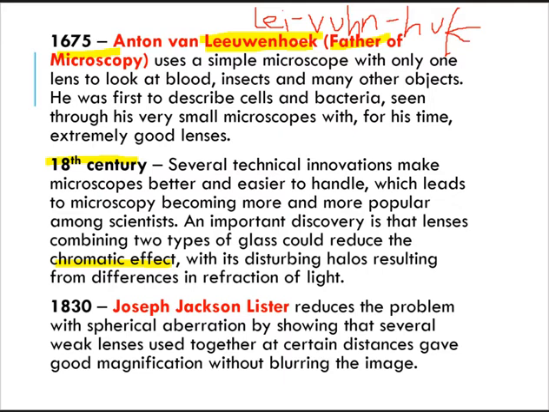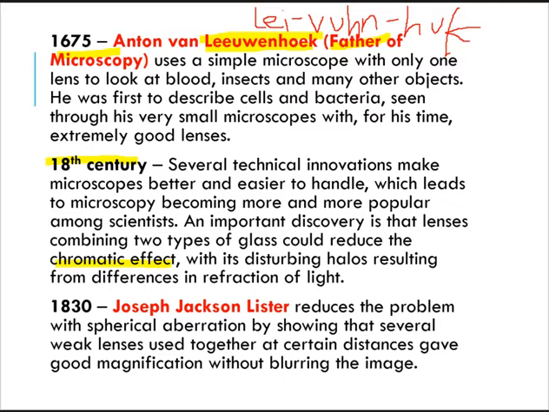So a little bit of hugot right here: even though you consider yourself weak, when you join forces and help each other out, as I always say, you have to help your classmates. When you work together, you can get good grades, or good magnification without blurring the image.